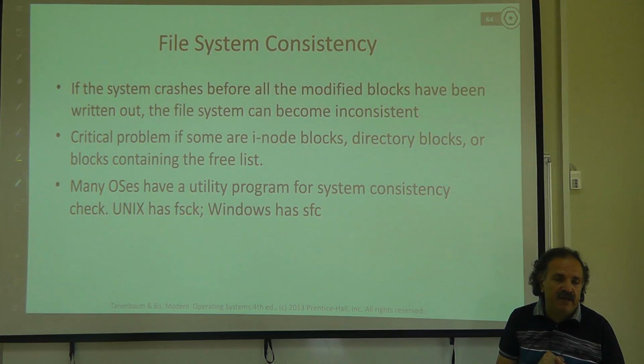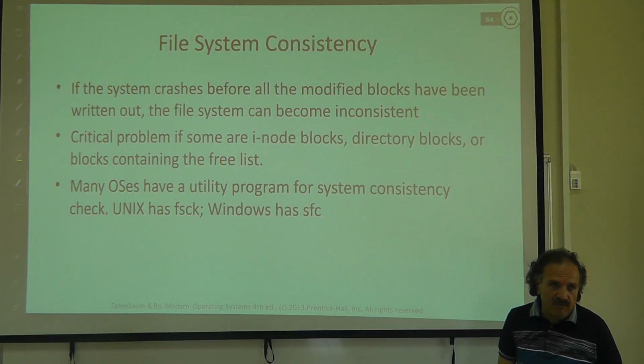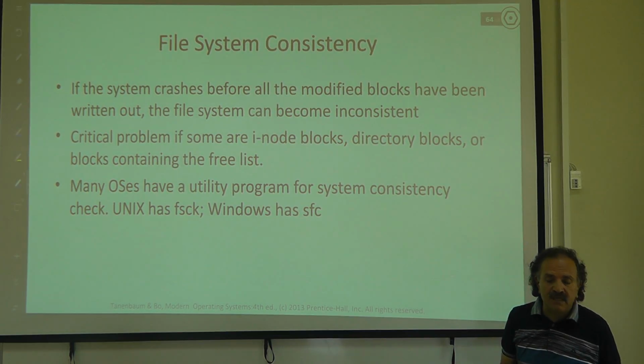This is a very serious issue, but there are even more serious issues, like when you are writing a block that contains your inodes only. That's a system file, a block that contains the inodes. When the system crashes while you are writing such a block, your system becomes unstable.